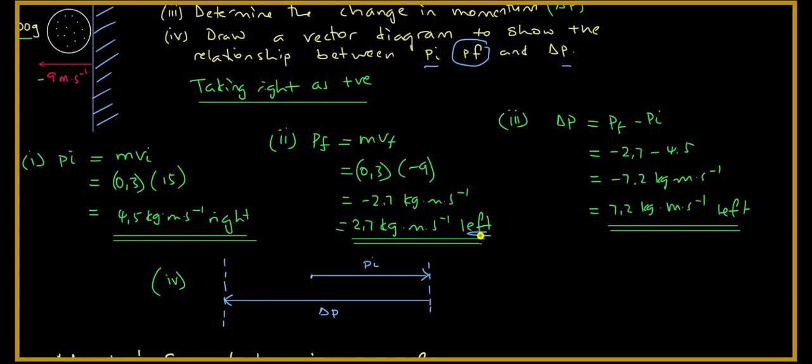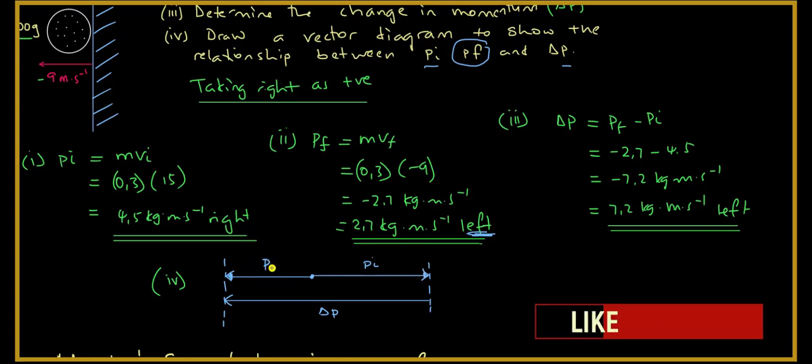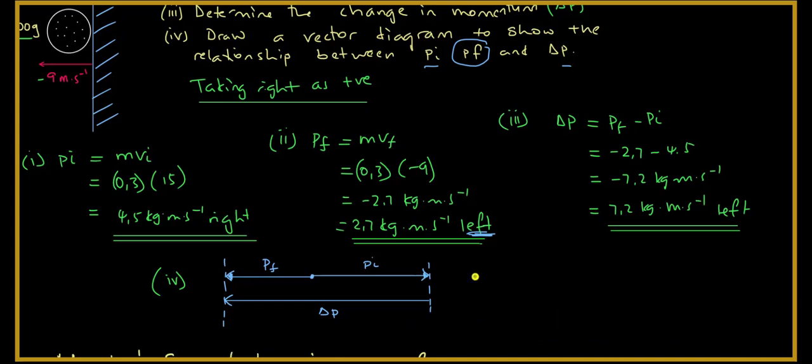So you're just going to draw an arrow which is pointing to the left, but starting at the tail of the first to the head of the last. So I'm going to start at this particular point here and draw an arrow pointing to the left, but it's ending right here at the head of the change in momentum. Right, so here is my vector diagram here. So this is our P final.